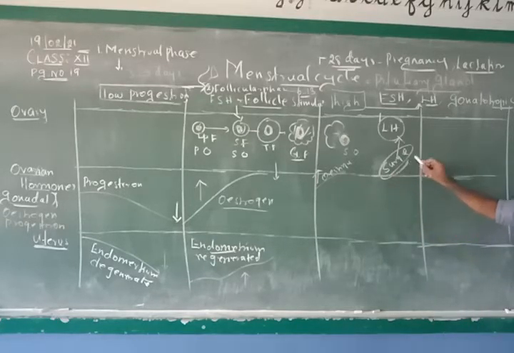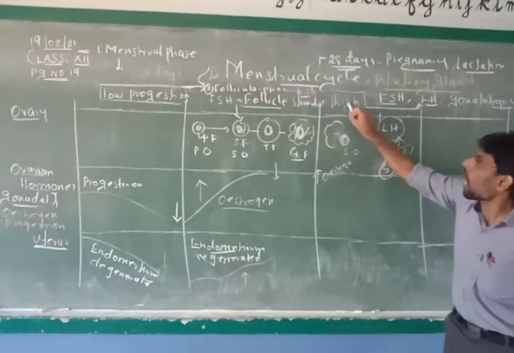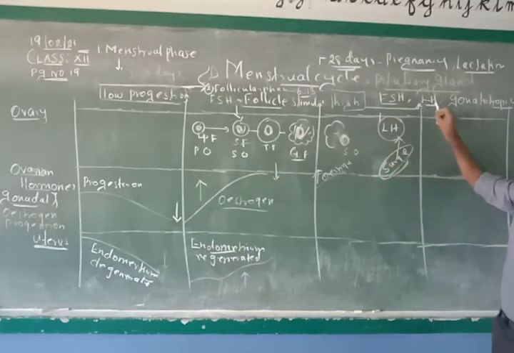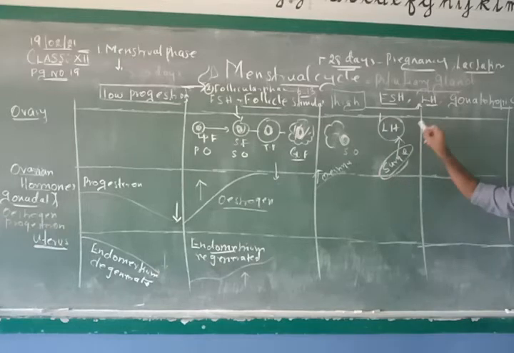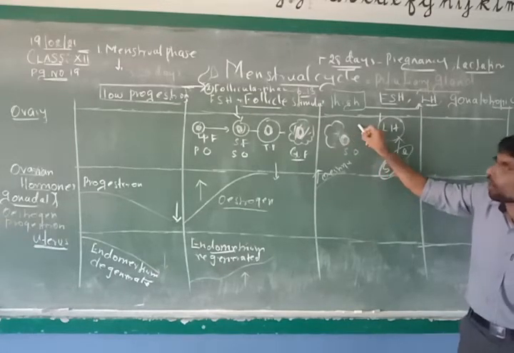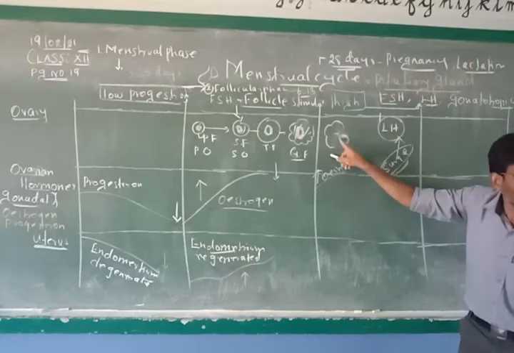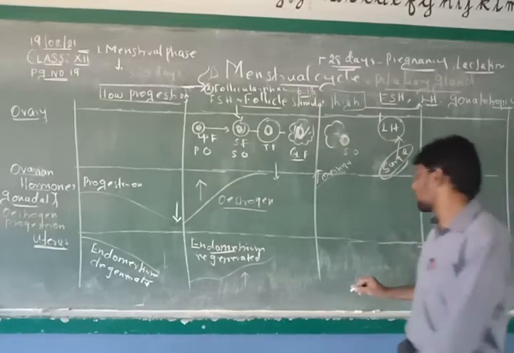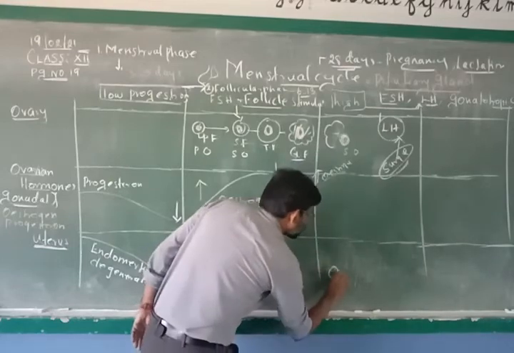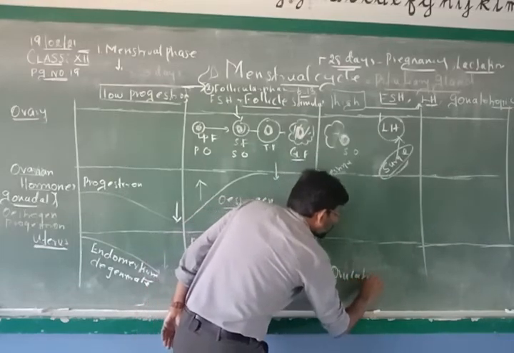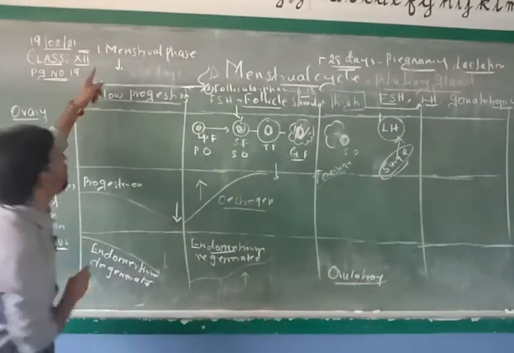Is that clear? So a high level of estrogen will stimulate LH hormone, and this LH hormone is involved in removing the ovum, the secondary oocyte, from the Graafian follicle. So this phase is called the ovulatory phase. First phase is called the menstrual phase.